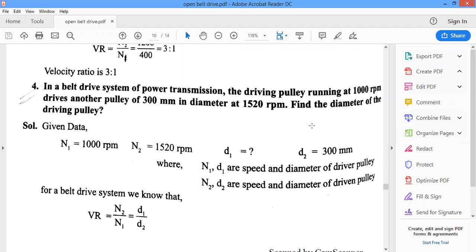Now what are we supposed to find out? We're supposed to find the diameter of the driving pulley.